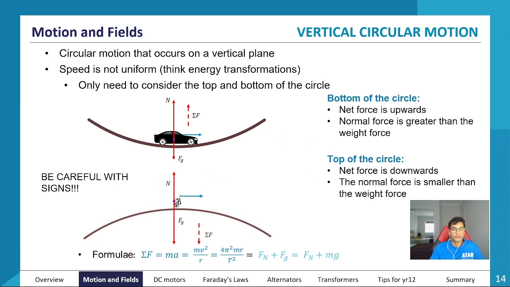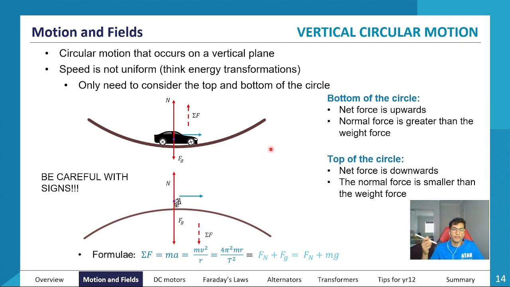Some things you have to keep in mind is that where you are on the circle determines how you would do your calculations. For example, if you're at the bottom of the circle, your net force is upwards, and your normal force is greater than your weight force.